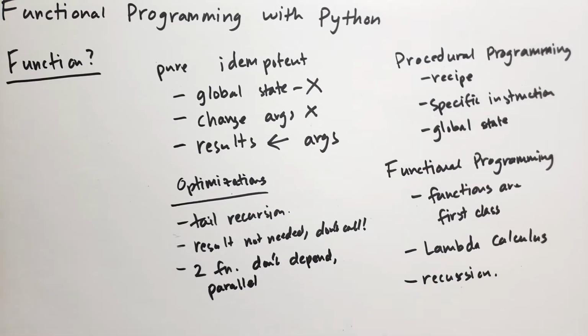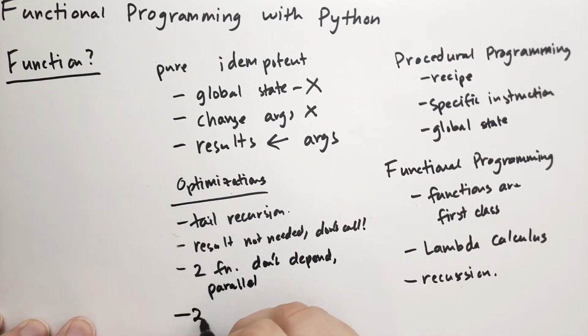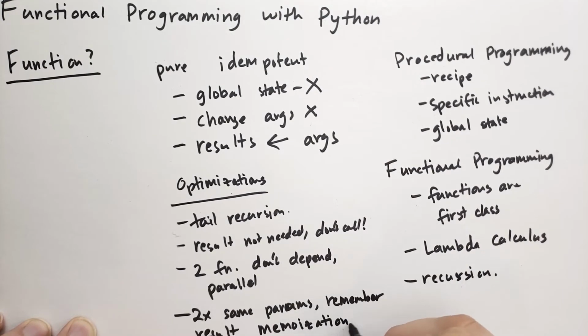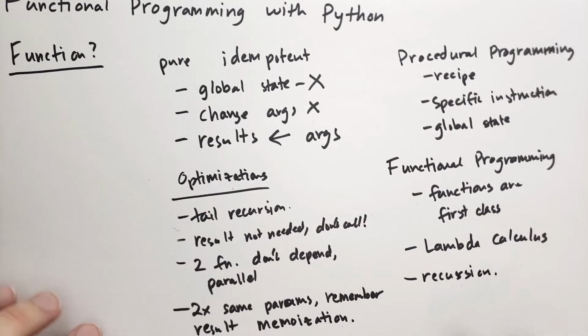If a pure function is called twice, so if you call it 2 times with the same parameters, you can remember the result and return that instead. This is often called memoization, M-E-M-O-I-Z-A-T-I-O-N, and it's a fairly powerful technique.